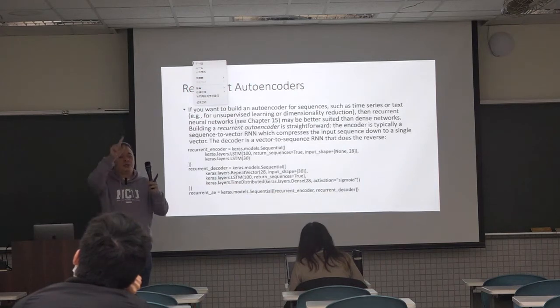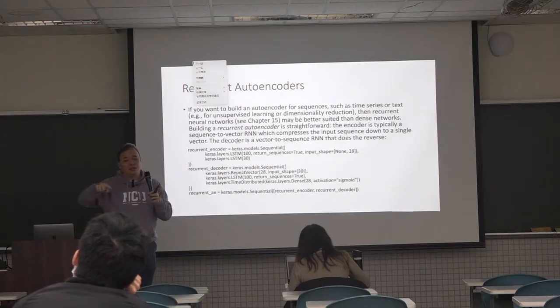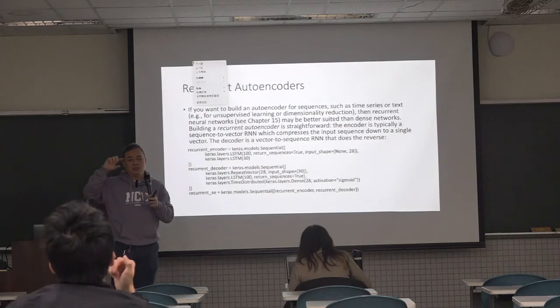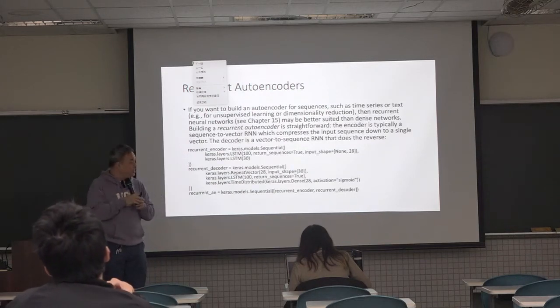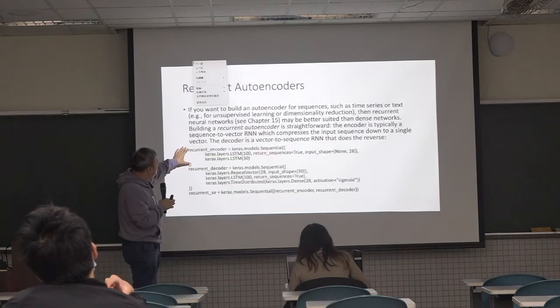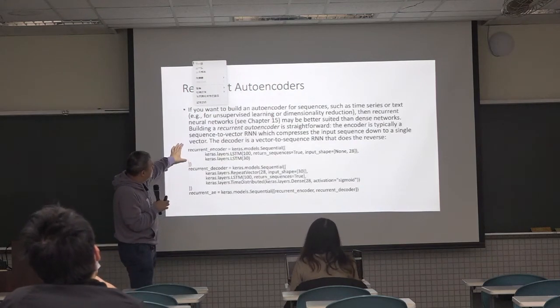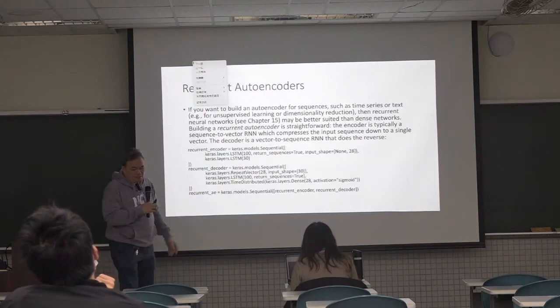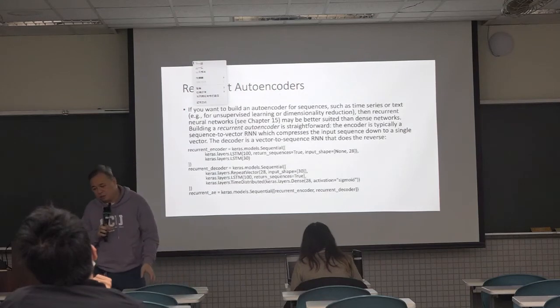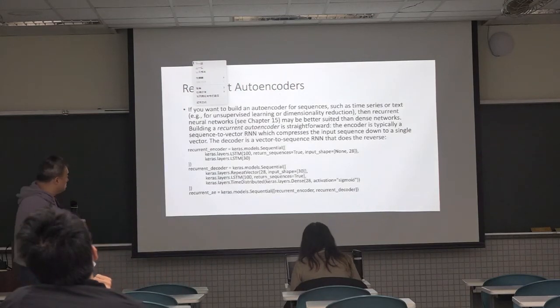Remember, we have 4 commonly used RNN architectures. The last one is called encoder-decoder. Remember? So which can best describe this RNN autoencoder?